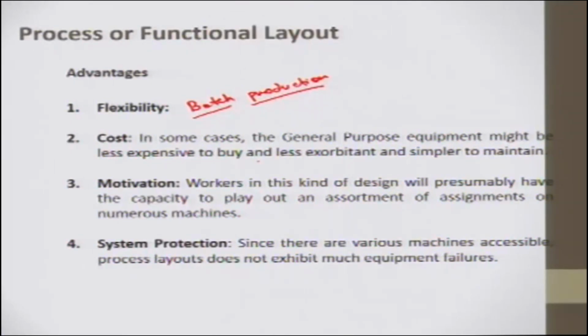Then is the cost. In some cases, the general purpose equipment might be less expensive to buy and simpler to maintain. This is in comparison to the special purpose equipment. The special purpose equipment is used generally for mass production. For example, general purpose equipment are these only: the lathe, milling, drilling, grinding, all these machines.